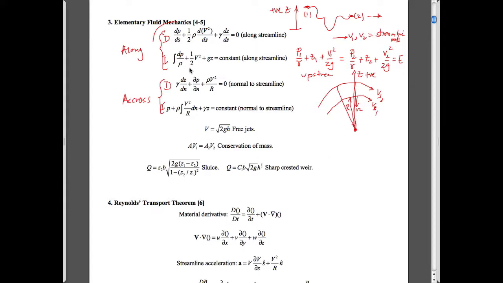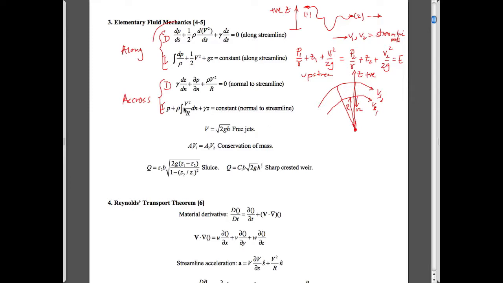The two principal manifestations of Bernoulli are going along a streamline, which we've used 90% of the time, I would say, and going across a streamline, which we've used maybe 10%. We did an example of that. Just be aware of the sign conventions. Of course, the velocity is positive in the direction of flow along the stream tube.